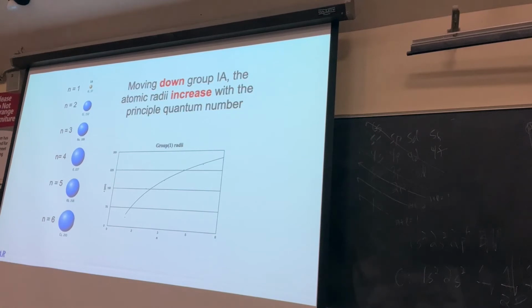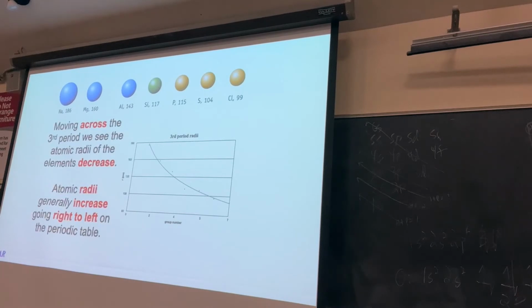Going down the periodic table is usually pretty consistent, because as you go down you get a bigger n, and the atoms do get bigger. It's kind of this weird curve you see going down here. Now, going across, the trend is not always quite as simple. But generally, this is about size, remember? Size is left and down. So if you start on the right and go left, the numbers are generally getting bigger, and most of the time that's what happens.